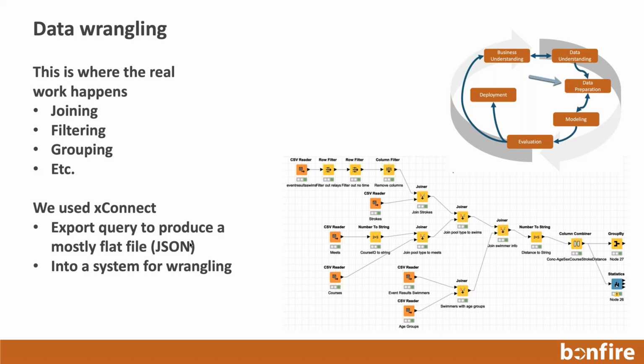So we used xConnect queries to generate essentially a big flat export. It's a JSON export, but if you think about it in a non-tech world, think about it as a big Excel file or a big flat file that's got columns across the top that represent the fields that we could use in our model.